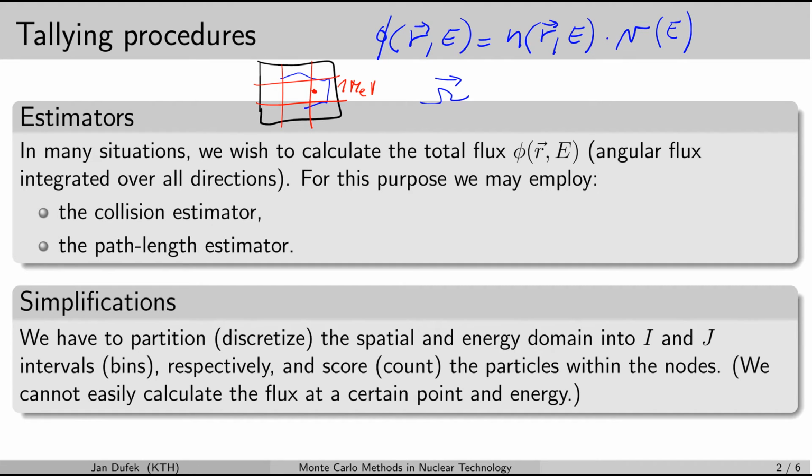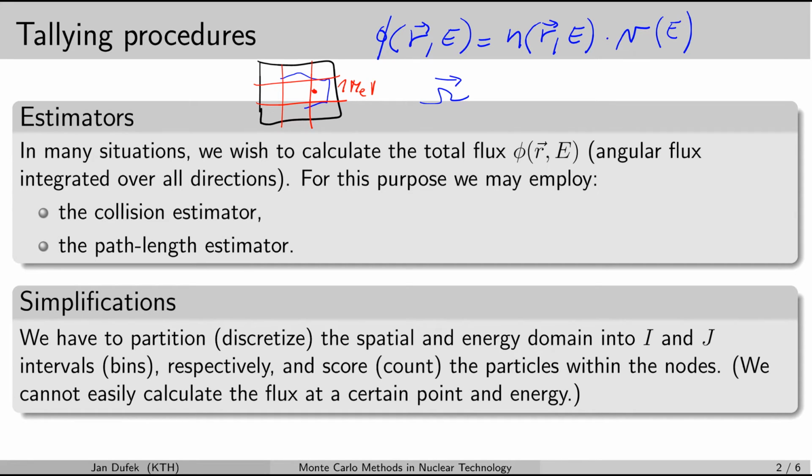So we will have the zone-wise dependence of the neutron flux, and the same we can do with the energy dependence. We can again superimpose an energy mesh over the whole energy spectrum, and we will calculate the flux within the energy mesh.